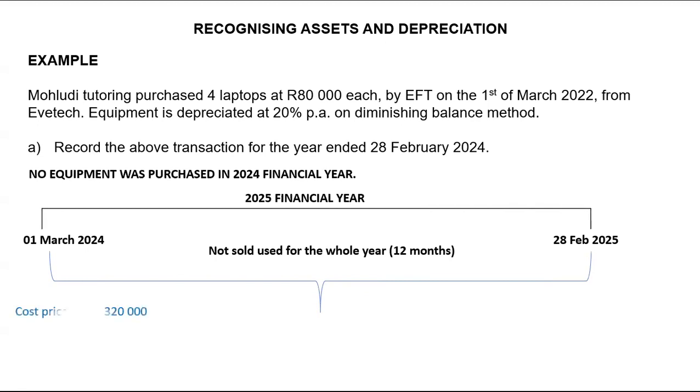Cost of all equipment is 320. Remember, the 80,000 is still there. Accumulated depreciation of all equipment is 115,200. Remember, the 28,800 is in there as well. Carrying value at the end of the year is 204,800. So what I'm going to do is subtract from the cost the cost of the equipment that was sold.